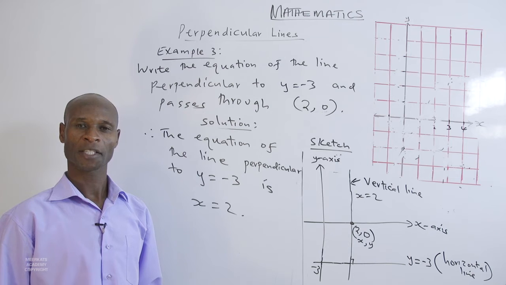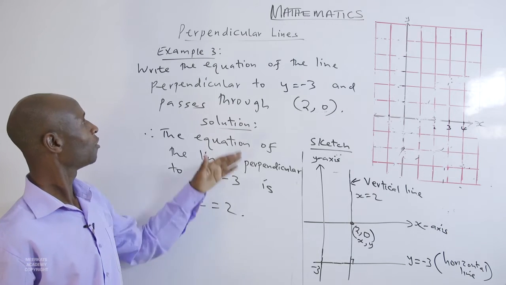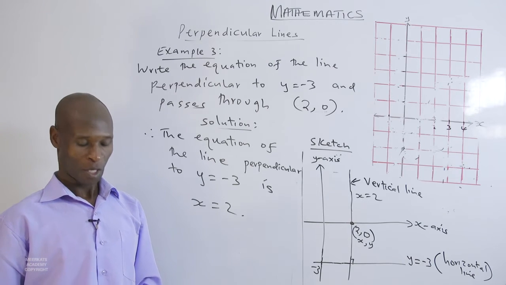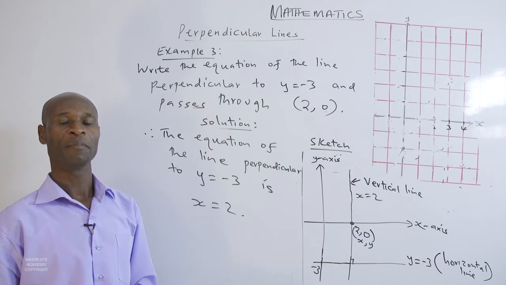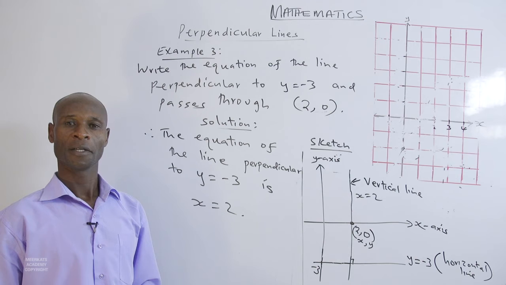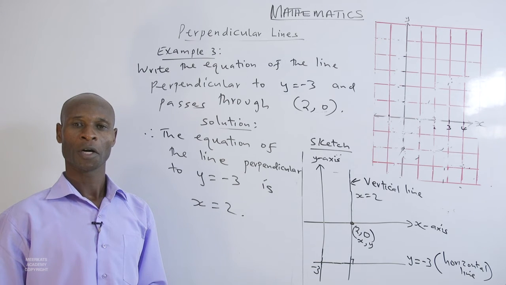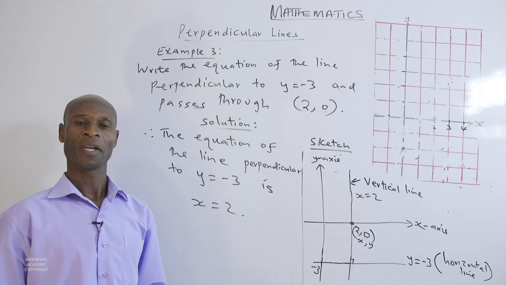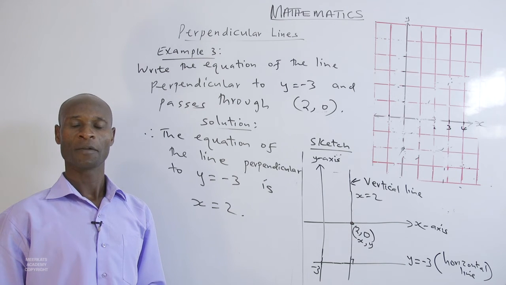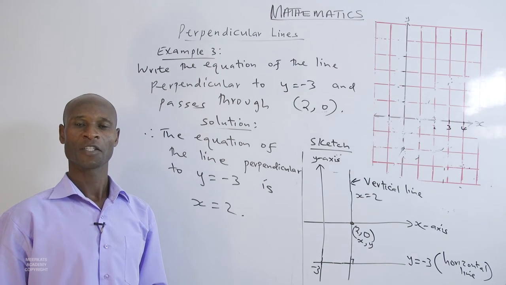That is, the product of the gradients is -1. We have also discussed how we can determine the equation of a line which is perpendicular to another line and passing through a given specific point.